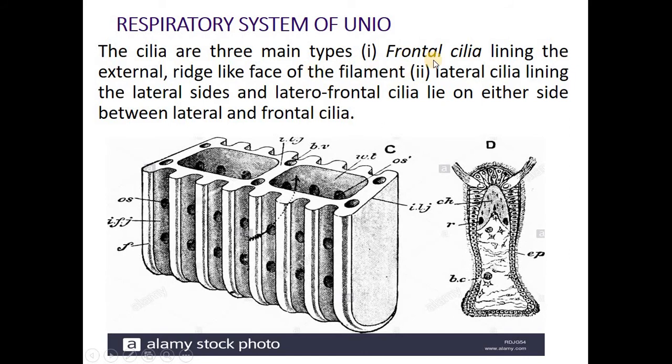One is the frontal cilia, lining the external ridge-like face of the filament. Lateral cilia line the lateral sides, and laterofrontal cilia lie on either side between the lateral and frontal cilia.